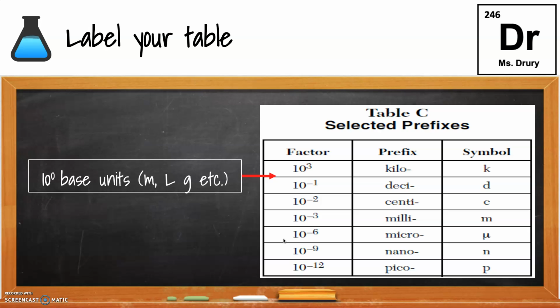If I wanted to move to milli, 3 places smaller. Micro is 6 places smaller. Nano is 9 places smaller. And pico is 12 places smaller. And the reason we go to pico is we're going to be talking about atoms that are particularly small. And then a kilo would be 3 places larger than our base unit. So I'm looking at that exponent and it tells me how many places bigger or smaller that unit is from a base unit of 0.